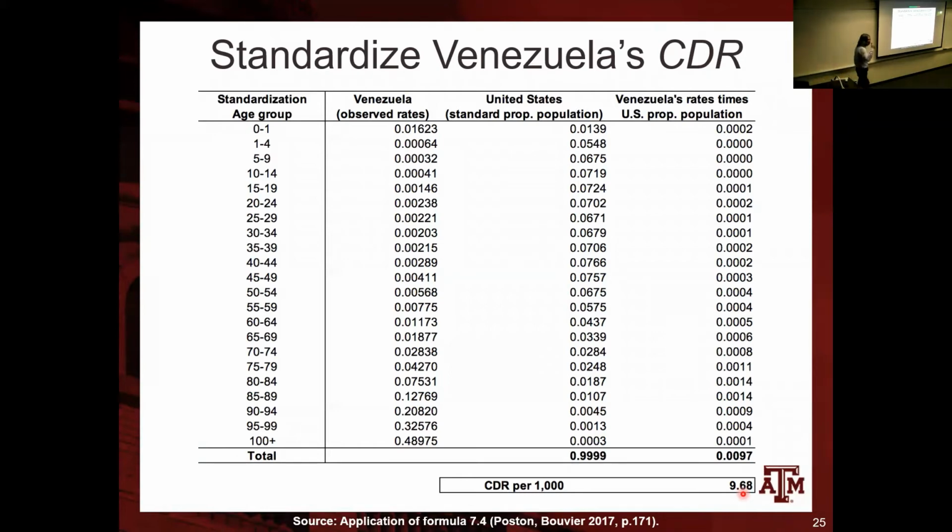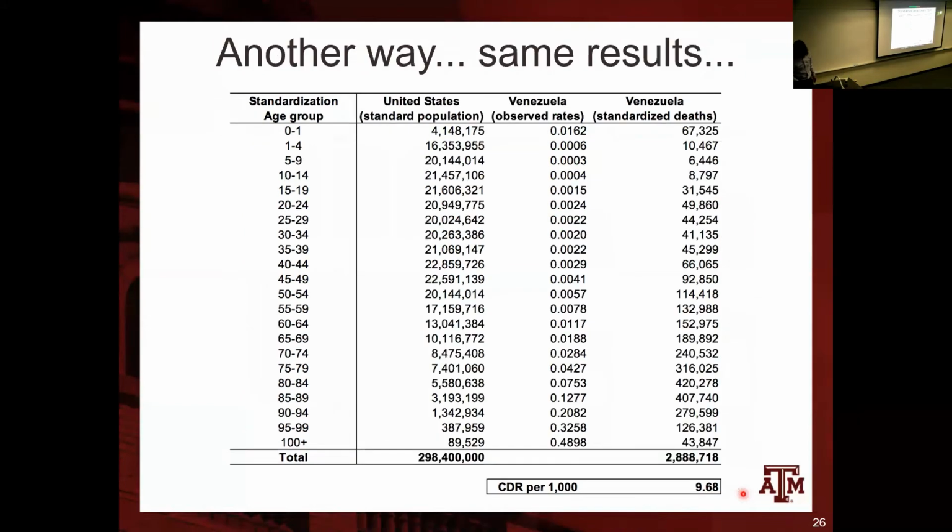Now, yes, I can compare this crude death rate of Venezuela with the original crude death rate of the US, because Venezuela is using the US as the standard population. So 9.68.